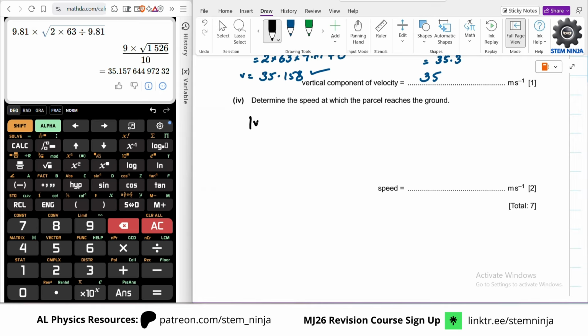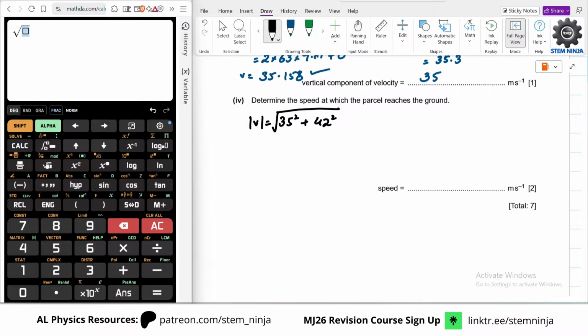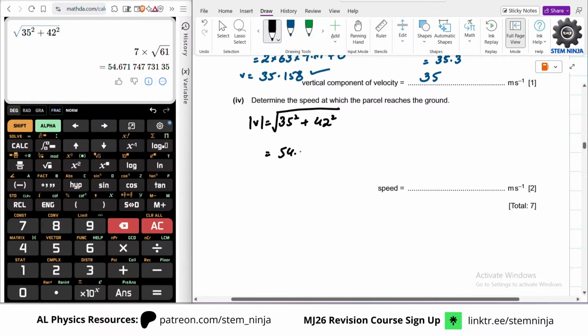So magnitude of speed would be 35 squared plus 42 squared whole under root. So 35 squared plus 42 squared equals 54.6, so roughly 55 meters per second. And that's the first question. Moving on to the next one.